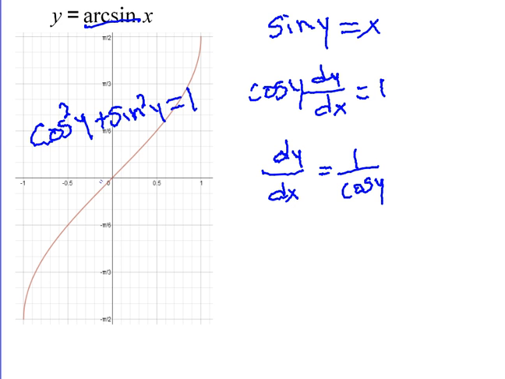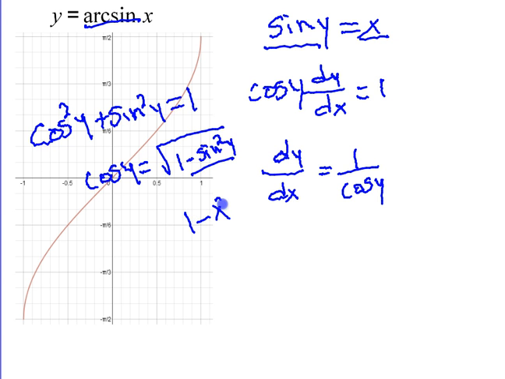So if we solve this for cosine of y, that's just going to be the square root of 1 minus sine squared of y. Well, what is sine squared of y? Sine of y is x, so sine squared of y is x squared.